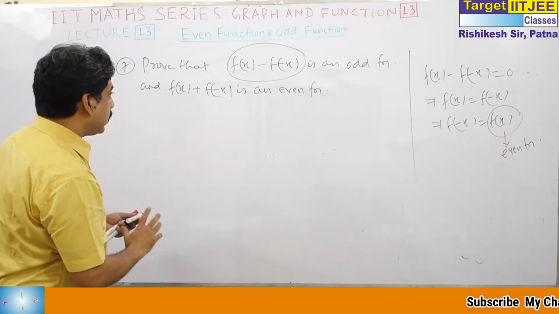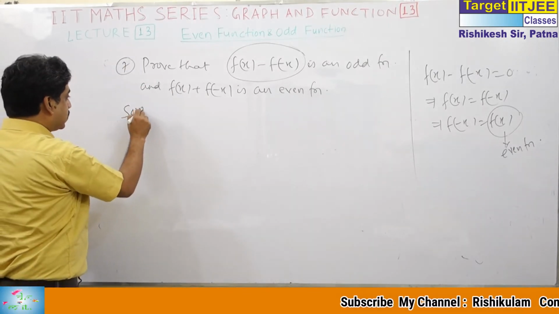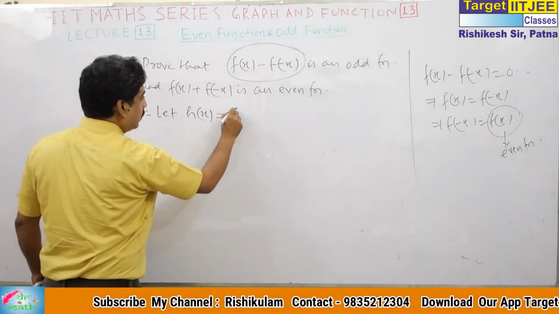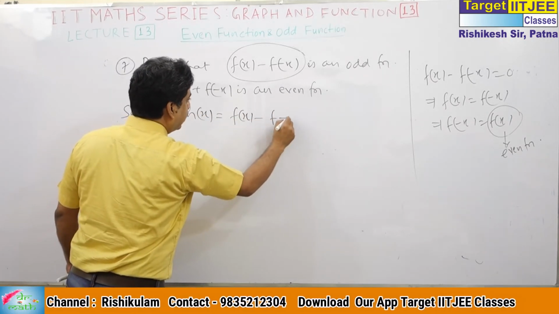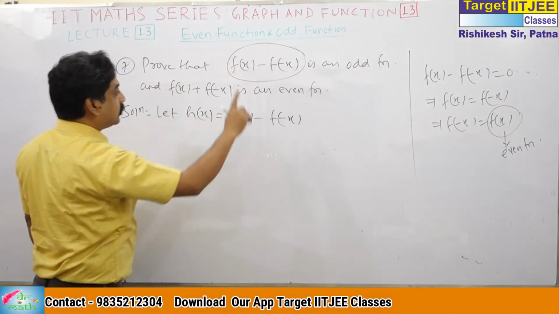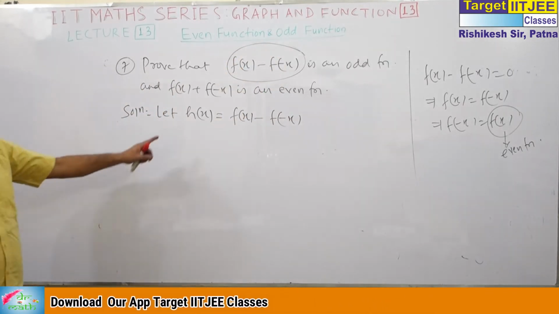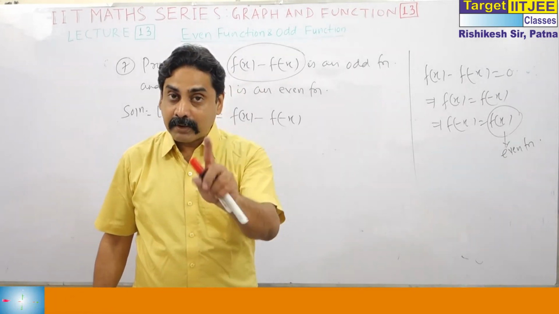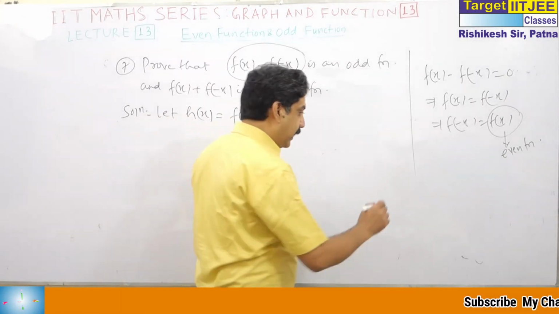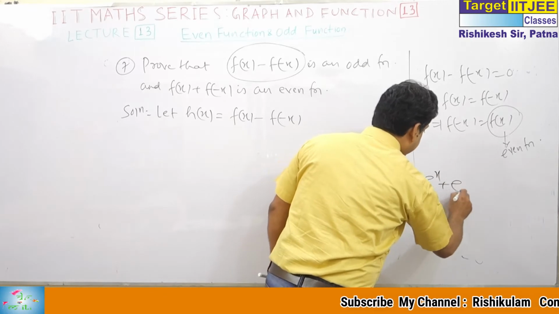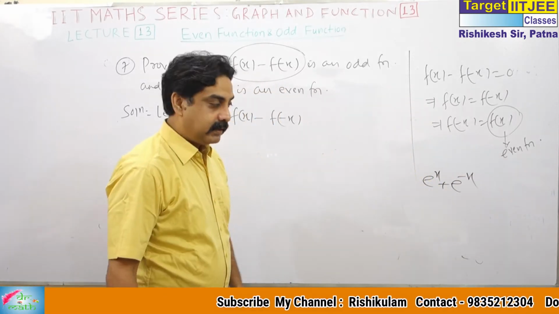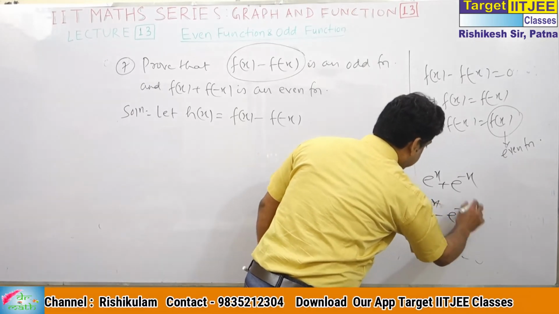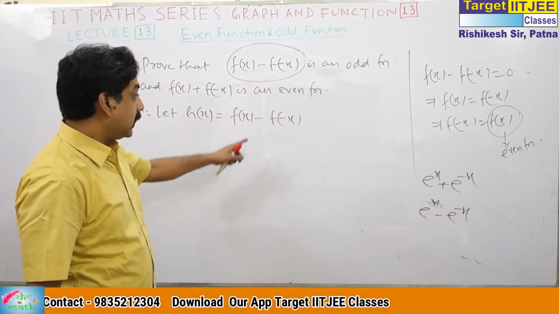I am just talking about when we say let hx is equal to fx minus f minus x. Meaning I am giving a name to this function. The name is hx and I am talking about hx. You will find e to the power x is neither even nor odd, but this is even, and this is odd. I am talking about the whole.